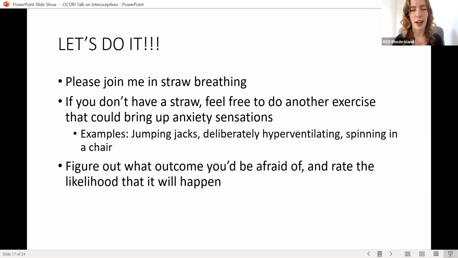For me, I've got some chest constriction, and I've got some lightheadedness and a little bit of that dissociation symptom that I mentioned earlier, where it feels like things are a tiny bit unreal.